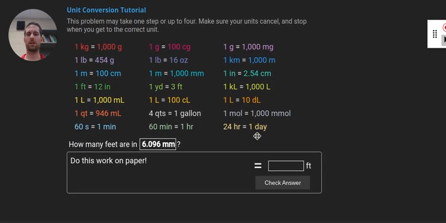Number 10. If I want to know how many feet are in this many millimeters, let's see if it's going to write. So if I do 6.096, hard to see, but it's somewhat visible.